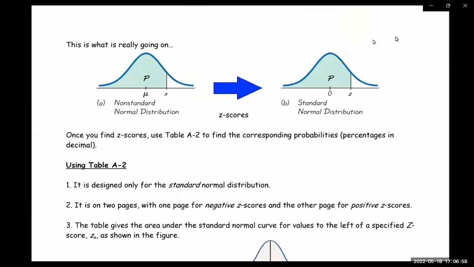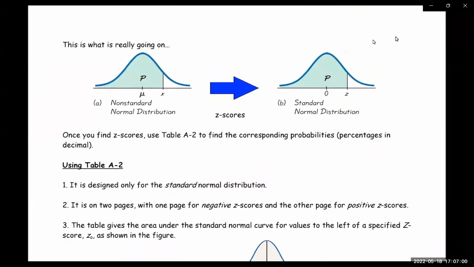If you are shading only this much, I would say that's probably maybe 80% of the graph, because this would have been maybe 20, this is 80. So this would be 0.80, this would be 0.20. That's just my guess, but we'll see. This is called a non-standard normal distribution because the mean is not 0. This is called a standard normal distribution because the mean is 0.